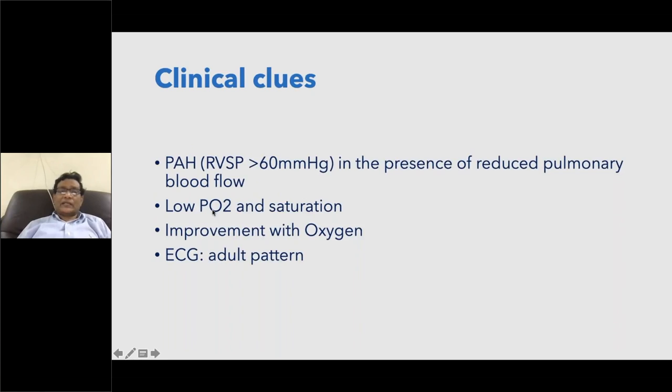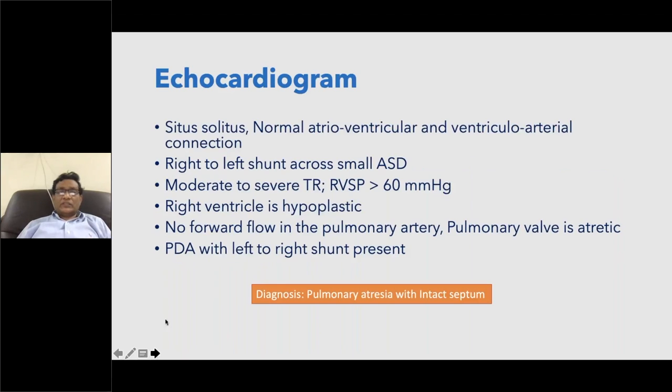The echocardiogram showed an RVSP of more than 60, situs solitus, and right to left shunt across the ASD. The right ventricle is hypoplastic, the pulmonary valve is atretic, and there is a PDA with left to right shunt. Here the important aspect is PDA with left to right shunt.